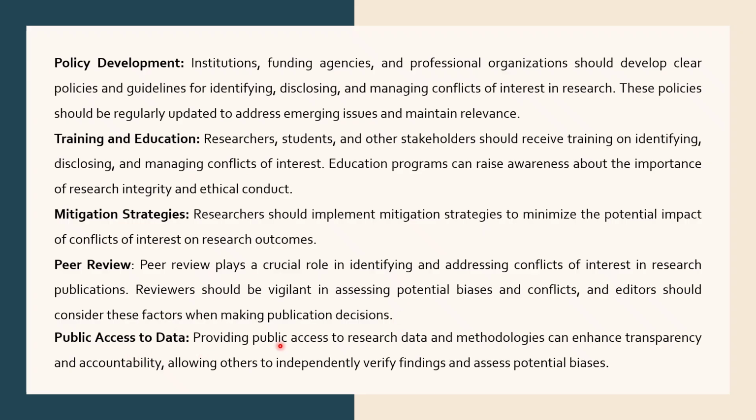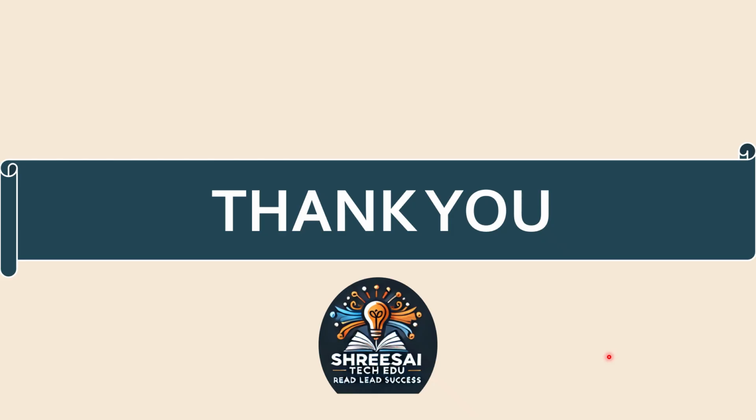Public access to data. Providing public access to research data and methodologies can enhance transparency and accountability, allowing others to independently verify findings and assess potential biases. So this completes the topic of conflicts of interest.